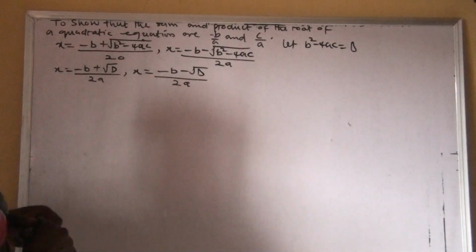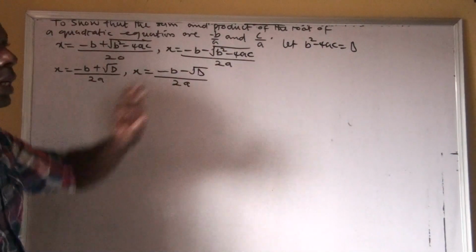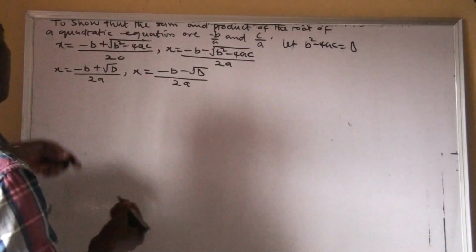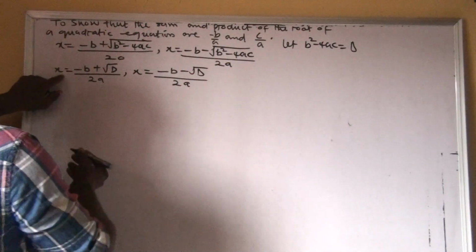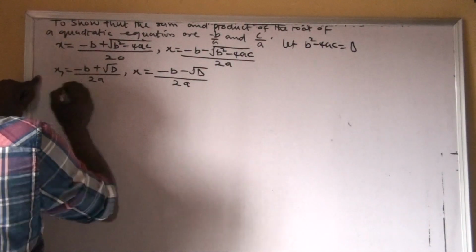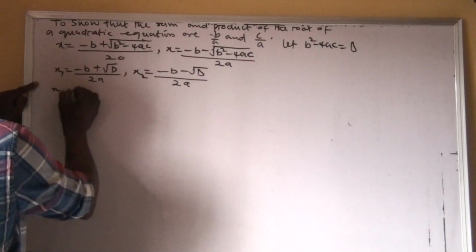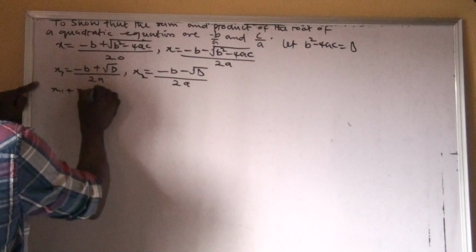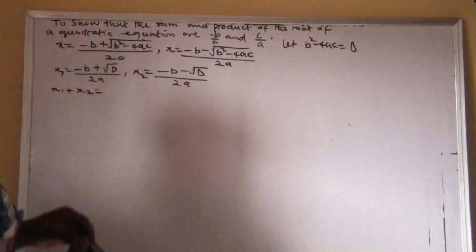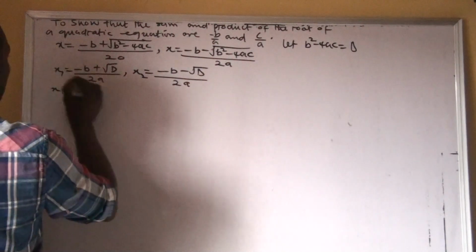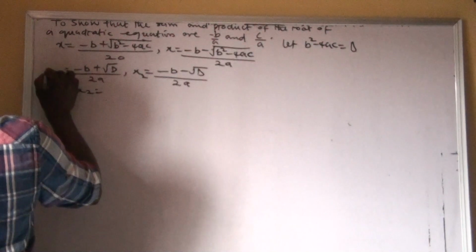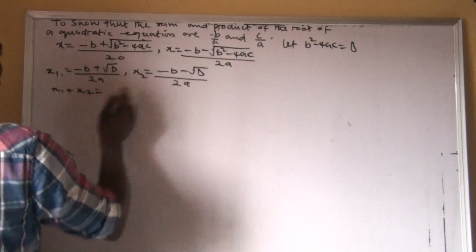When you say sum of the roots, these are the two roots. The sum simply means we're adding them. Assuming this is x1 and this is x2, we're going to say x1 plus x2. We'll assume that x1, the first one, is this and the second one is that.